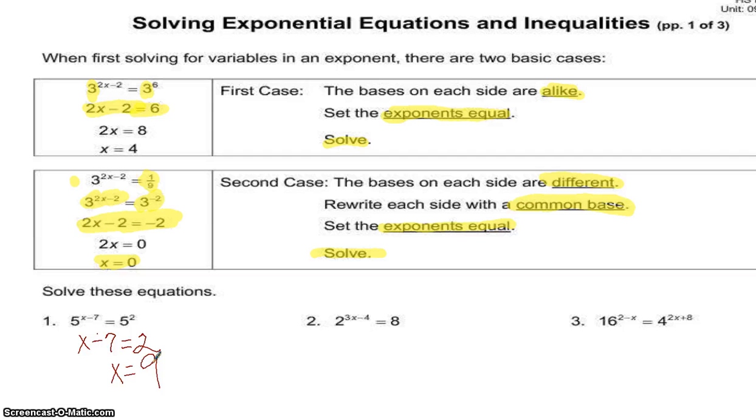Okay, my bases aren't the same, so I'm going to need to change that 8 into something that has a base of 2. So what would that be? That would be correct. I would have to change that to 2 to the power of 3, because 2 times 2 times 2 will give you 8.